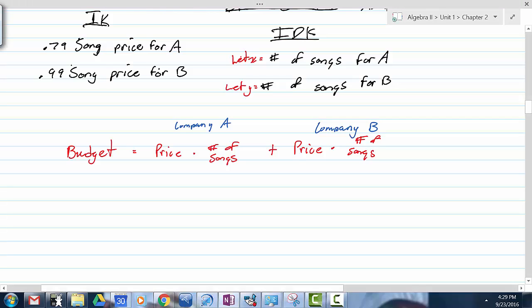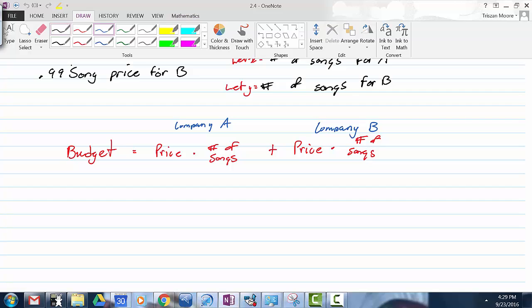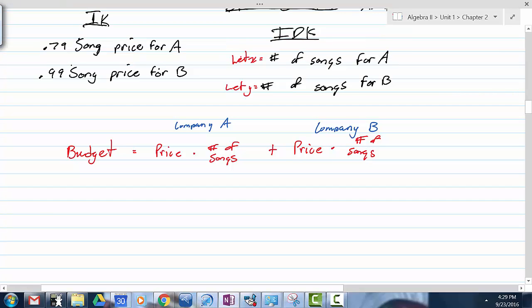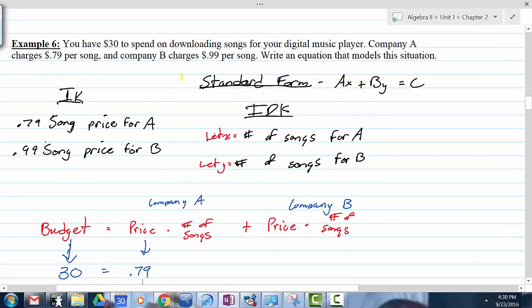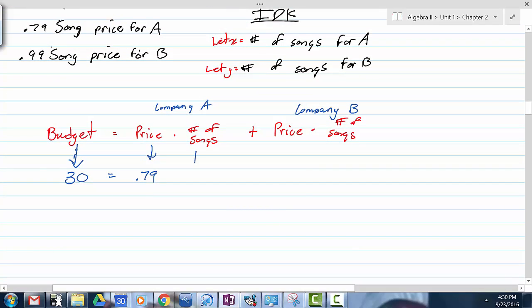So I can now start filling out what my equation is going to look like. For my budget, I know my budget was 30. My price for company A songs, 79 cents. Let me verify. Yep, 79 cents. Number of songs for company A, I let that equal x.